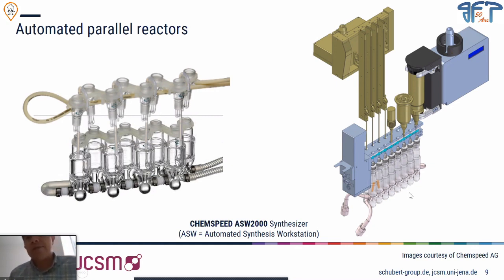On the right-hand side, you have an array of 16 reactors of 7.5 milliliters reaction volume. They have a jacket, so you can control the temperature through tubing connected to a recirculator. So you have the same temperature in all the reactors. If you want to vary the temperature, then you need to set up a different experiment.